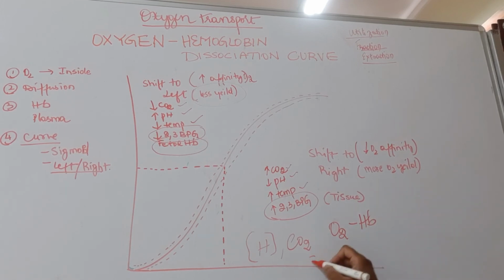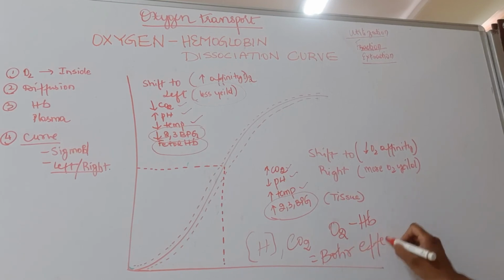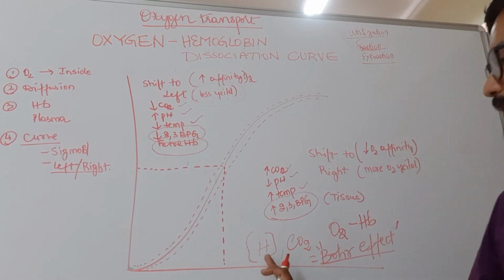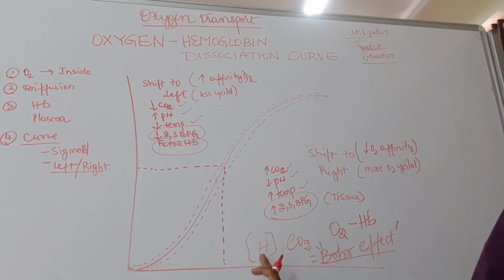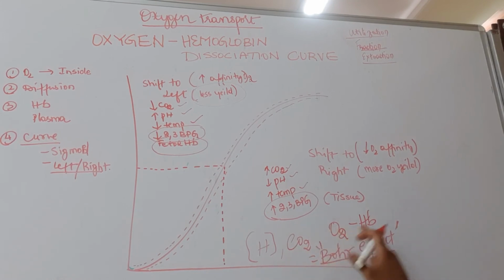This is given by the Bohr effect. It was explained first by Bohr, and this is called the Bohr effect. So what is the Bohr effect? It gives the relationship between the hydrogen ion concentration and the carbon dioxide on the affinity of oxygen to the hemoglobin molecule.